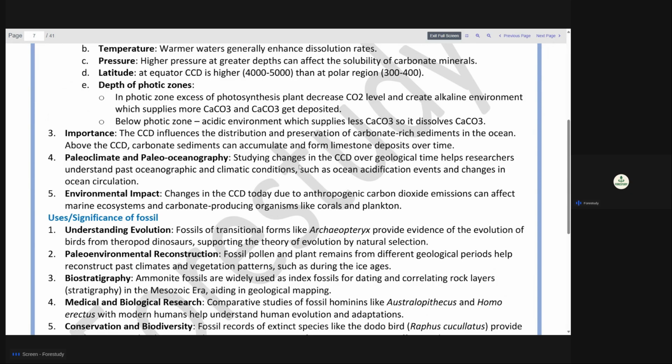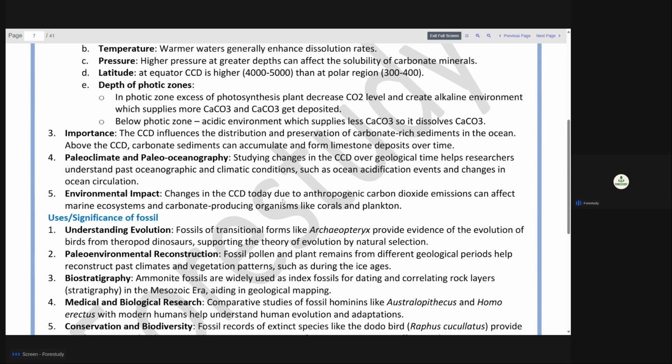Studying changes in the CCD over geological time helps researchers understand past oceanographic and climatic conditions such as ocean acidification events and changes in ocean circulation.